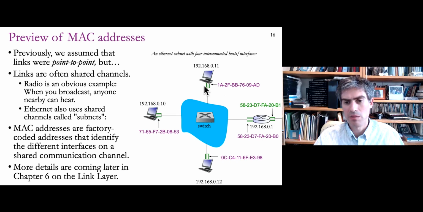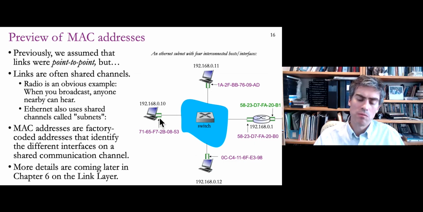We'll define a subnet in a second, but a subnet is a set of machines that are connected directly, that can communicate directly without going through a router. These MAC addresses are used to identify which of these four interfaces a packet sent locally on this shared channel through the switch should be received by.